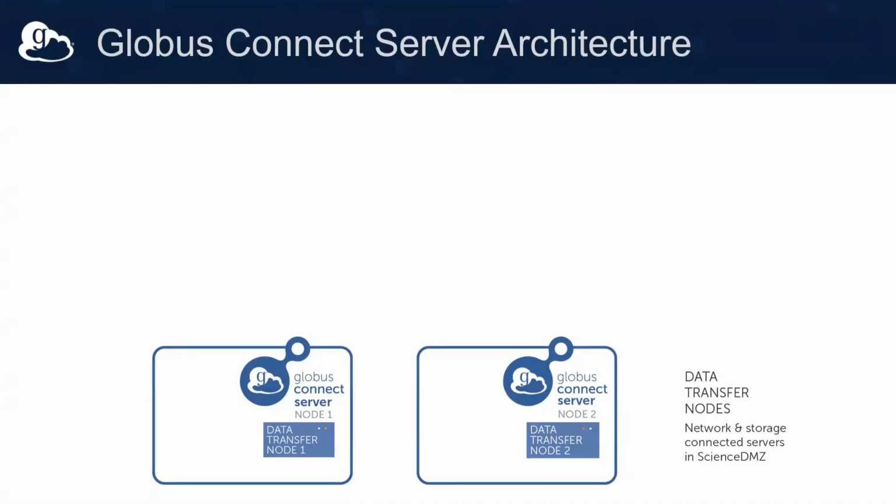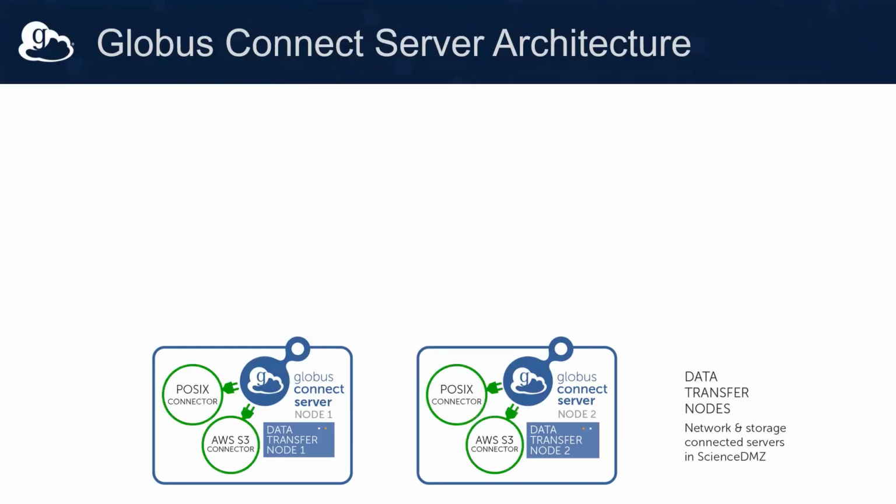All right, so at the bottom, there are data transfer nodes, DTNs. These are physical servers that, in the case of a POSIX mounted file system, mount that storage, or they have a network connection to talk to whatever cloud storage, let's say AWS or anything you need.